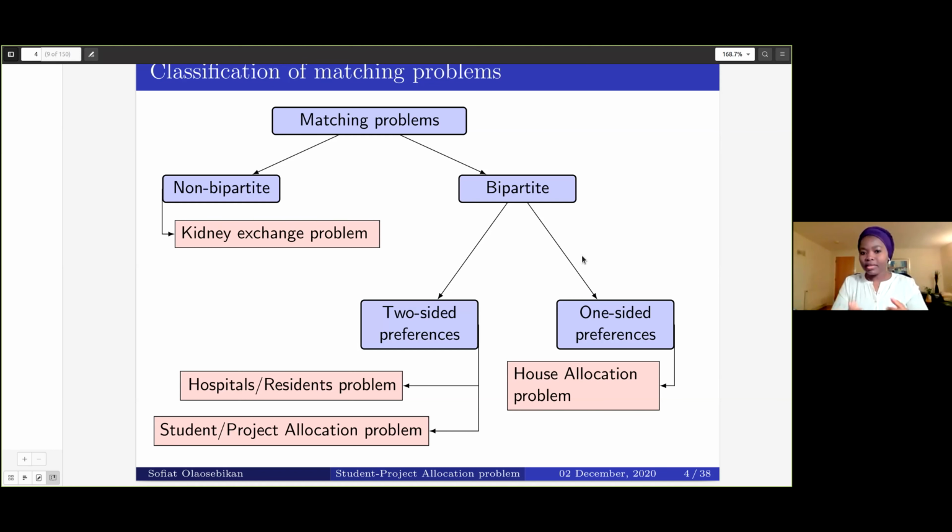However, for the house allocation problem, the applicants who wish to be assigned to houses are the only ones that have preferences. The houses don't have any preference over the applicants. So that type of matching problem is a bipartite, one-sided matching problem. So my talk for today is going to be under the two-sided preferences, which falls under bipartite matching problems, which is the student project allocation problem.